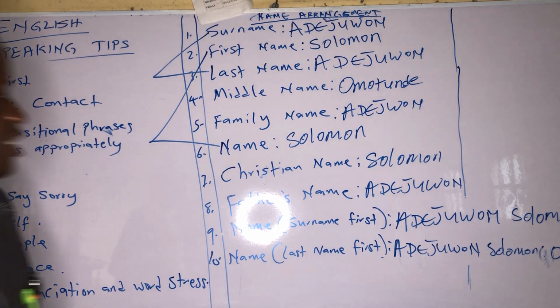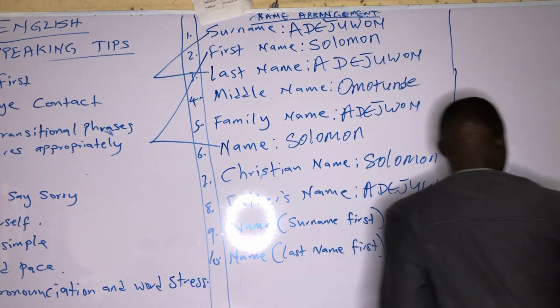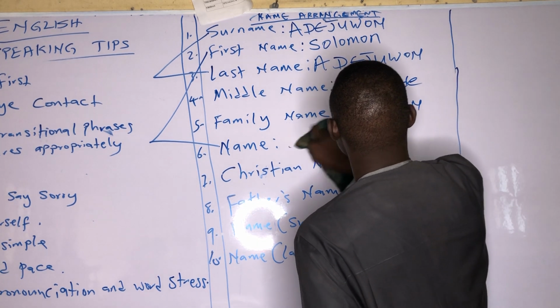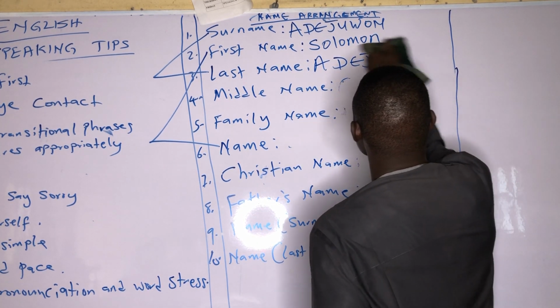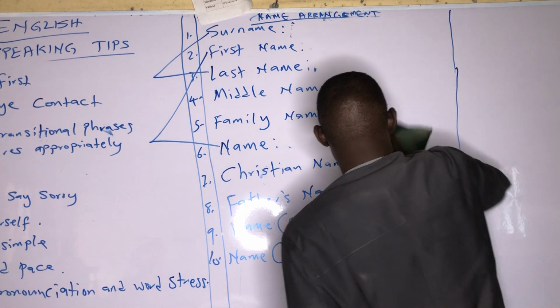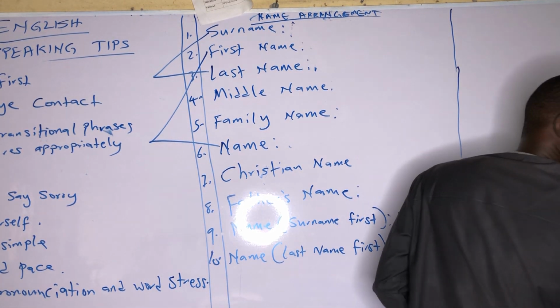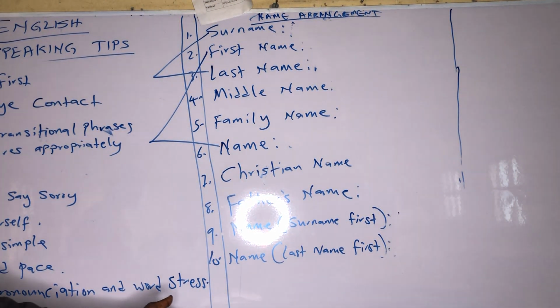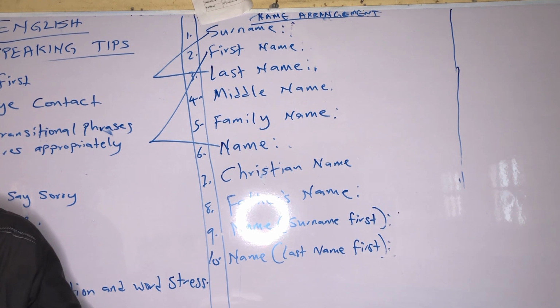Okay, come and fill this space. Please fill this space. You have already signified which one is the surname here, which is also the father's name and the last name.